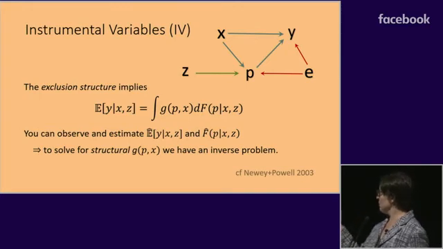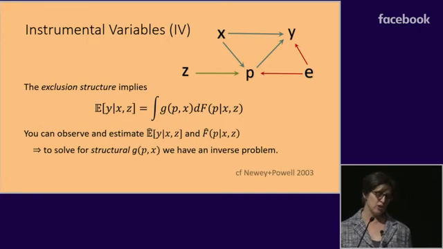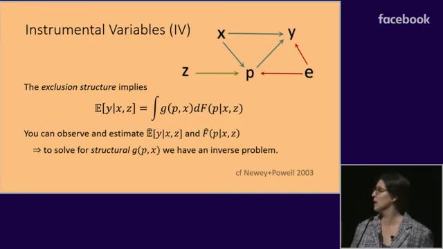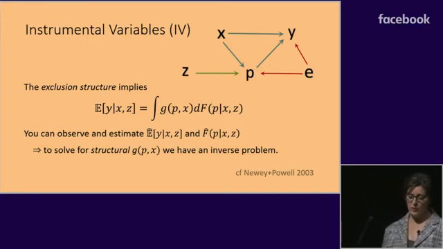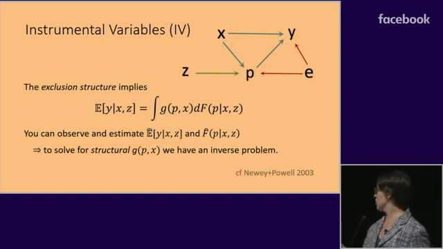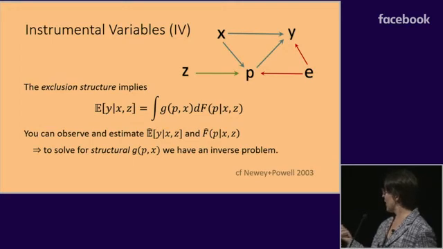What that means is that I can write the expectation of outcomes conditional on X and Z in a very particular way. Here I'm writing it as an integral. There's some function g of p and x, and that tells me how changing price is going to change outcomes. In the historical data, there was also some distribution of prices.